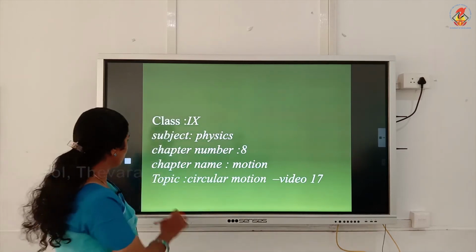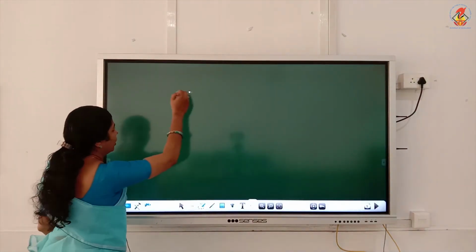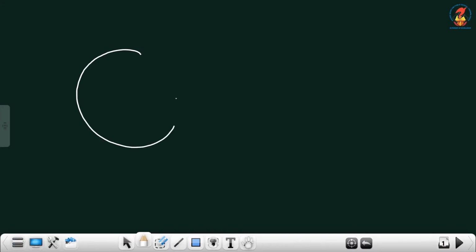If an object is moving along a circular path, we will call it circular motion. The object is moving along the circumference of the circle, so it is circular motion.